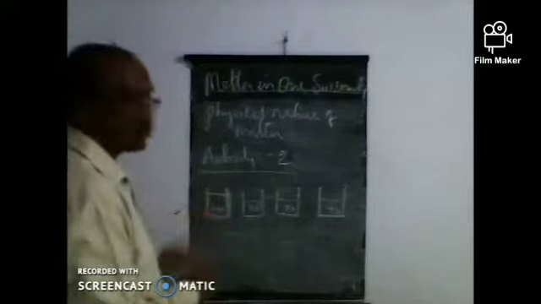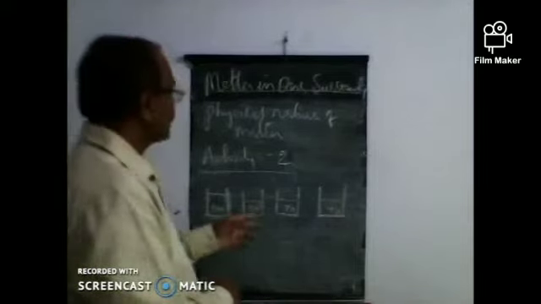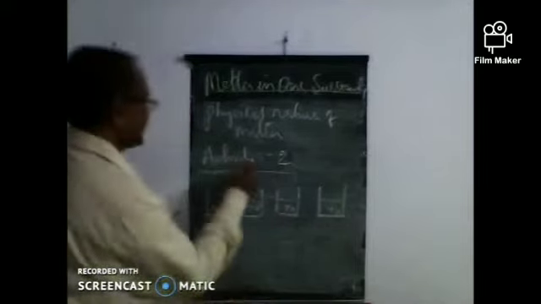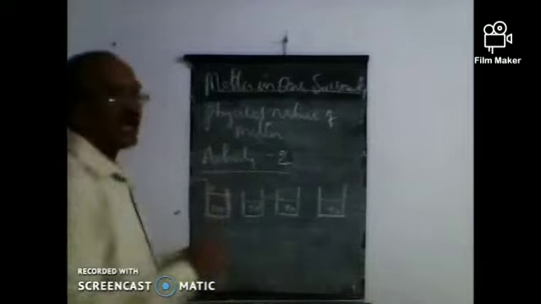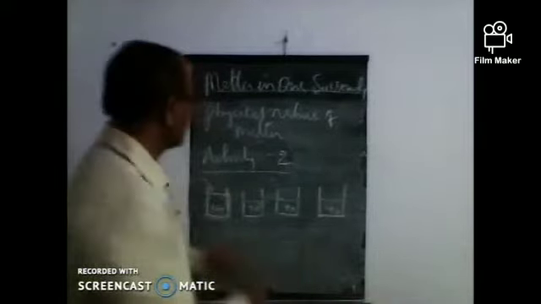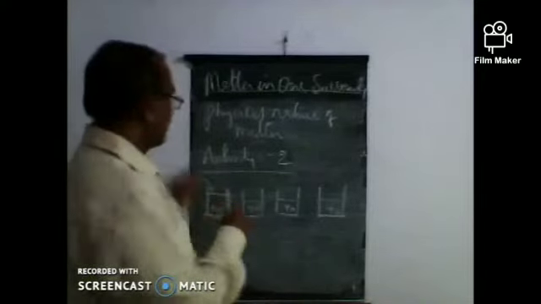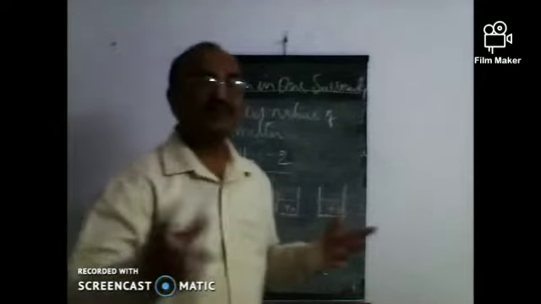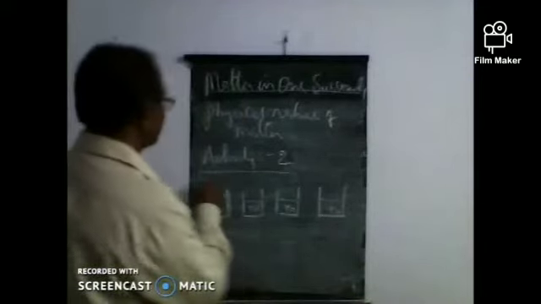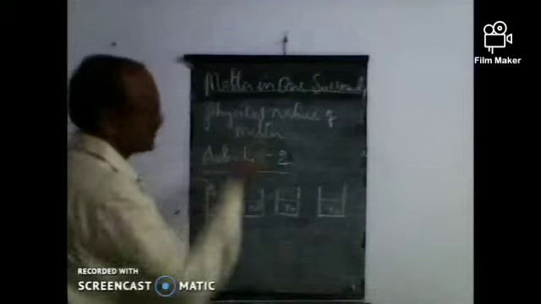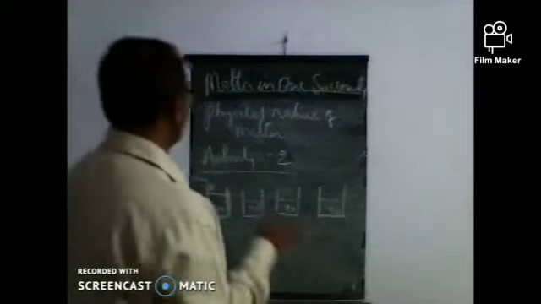In the first one, I pour 100 ml of water, and in the next one, 90. If I put potassium permanganate, it will turn pink. I can use any coloring substance like copper sulfate or copper carbonate. Here I'll show you copper carbonate.